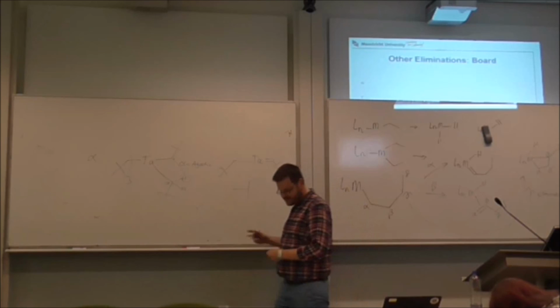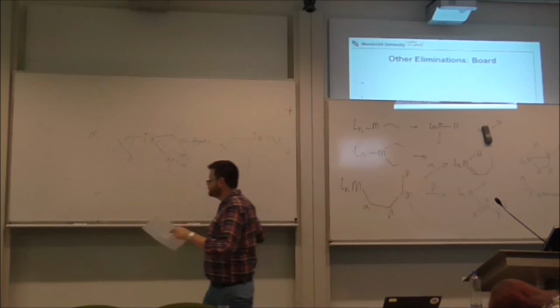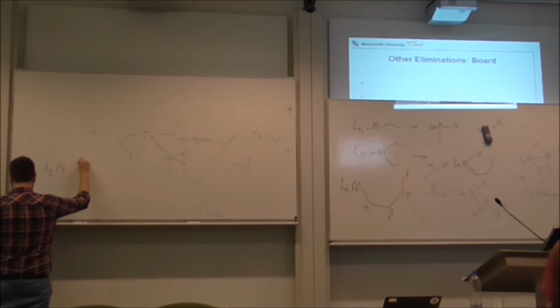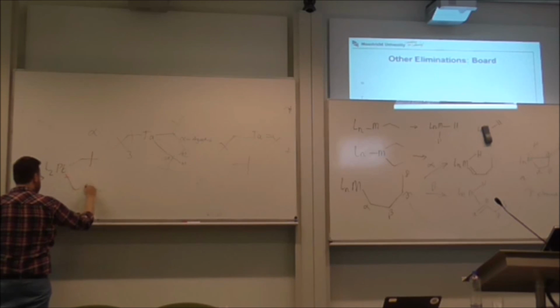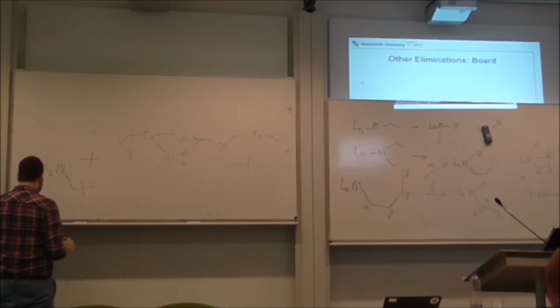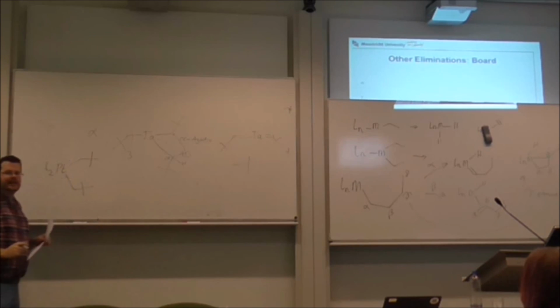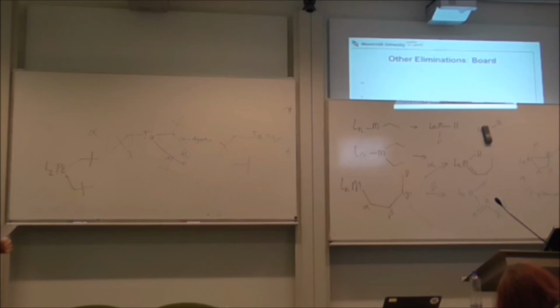This complex, and maybe you can try this as a homework exercise. This complex, it's a platinum complex, can it undergo beta hydride elimination? There aren't any, so it's stable to beta hydride elimination.